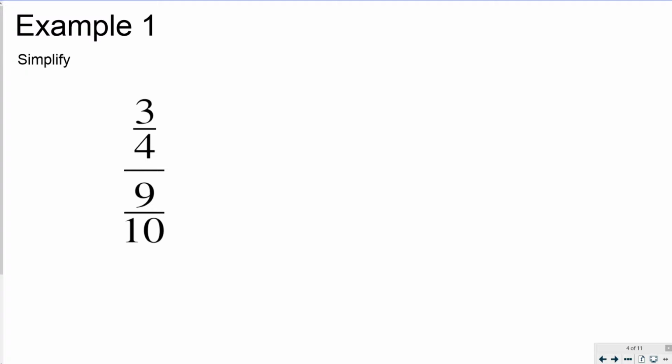First, let's take a look at an example of how we're going to solve that fraction. The process for solving this is to first rewrite it as a division problem. So 3/4 divided by 9/10.